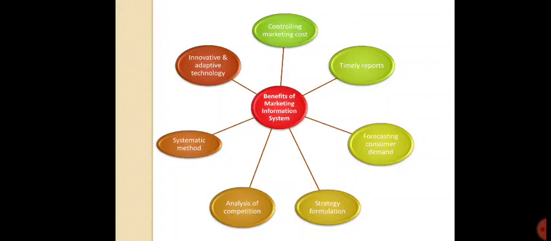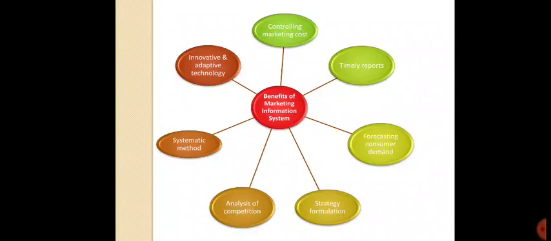Basically, MIS operates in a rational and systematic manner, and as it acts systematically, it provides required information in a proper manner. And the next is innovative and adaptive technology.